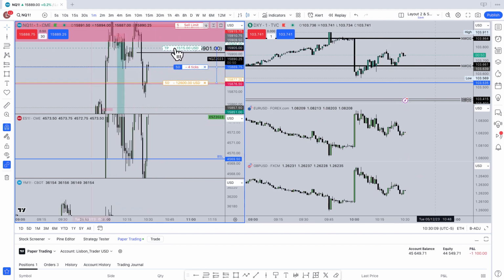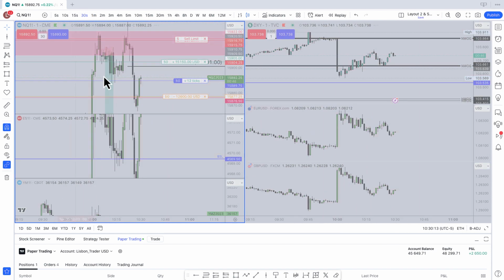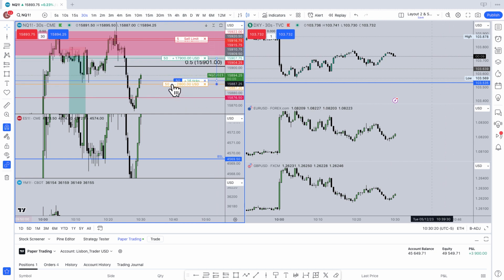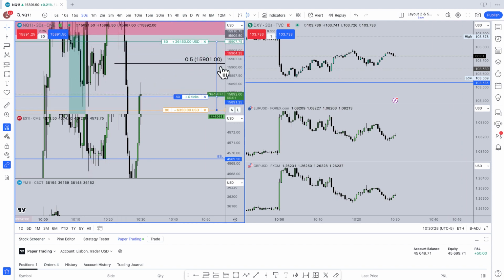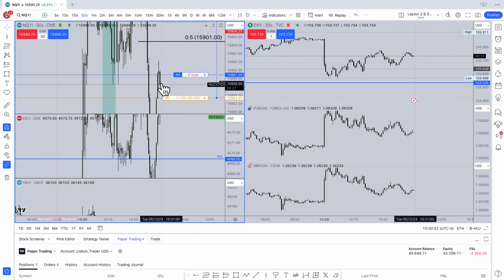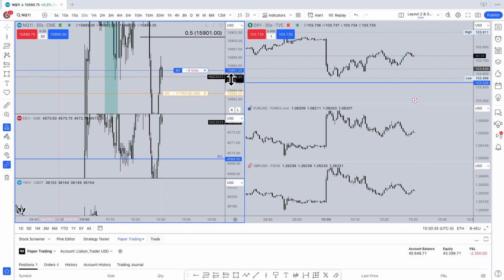And there we have their fair value gap. So 10,000 in risk. Too short of a stop loss.